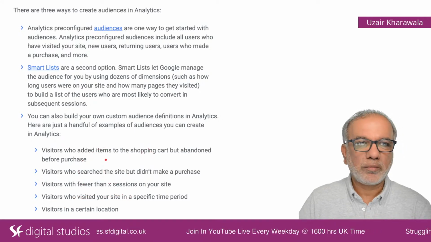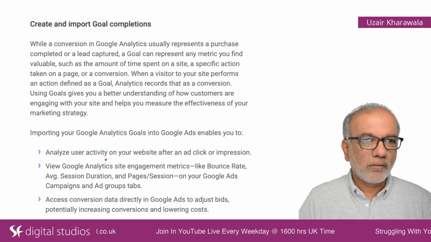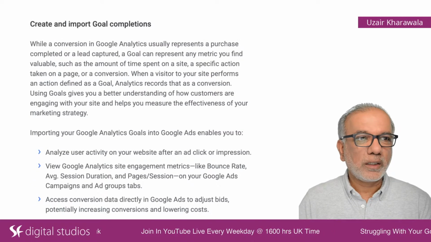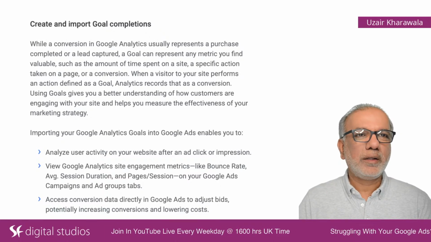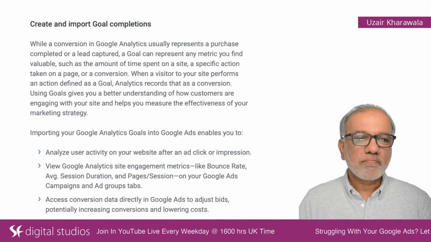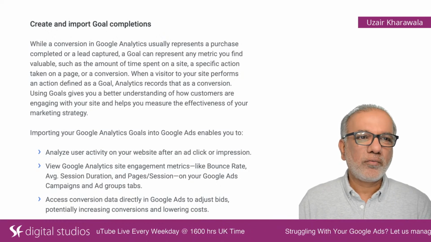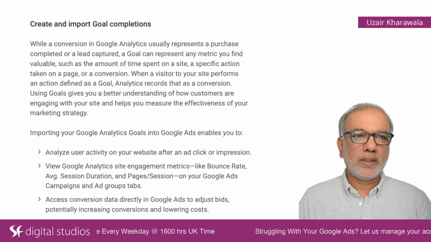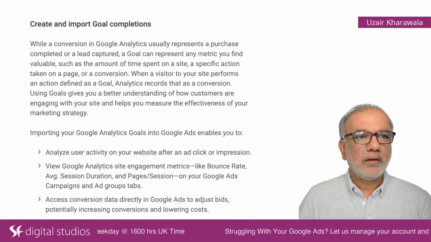So all these can be set up quite easily and pretty quickly without much tech knowledge. If you haven't done any analytics before, then you can go in there. There is a lot of help on the Google support center as well, which will explain to you in simple English how you can do that.